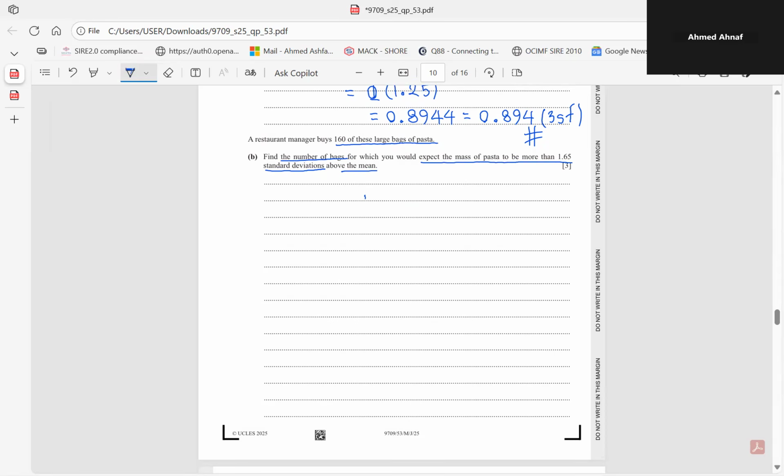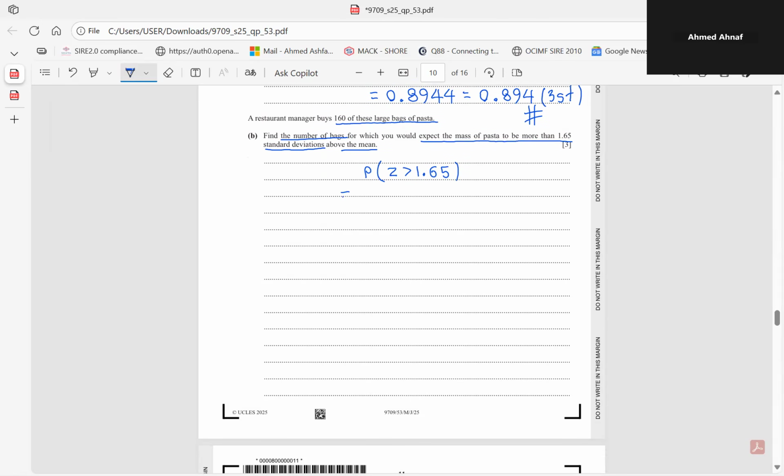So you can just write P(Z more than 1.65). And this is the same as 1 minus P(Z less than or equal to 1.65).